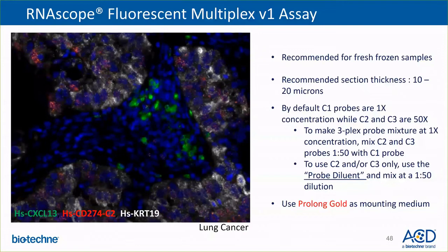To make a 3-plex probe mixture, please mix the C2 and C3 probes into your C1 probe in a 1:1:50 dilution. If you want to use the C2 and C3 probes alone, please use the probe diluent in place of the C1 probe. For best signal detection and preservation, make sure that you use the ProLong Gold mounting media.